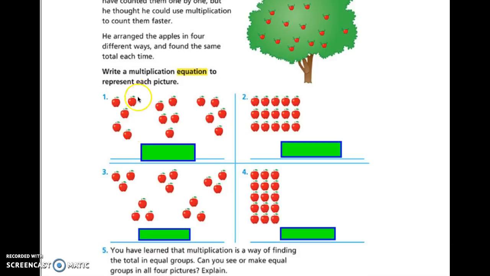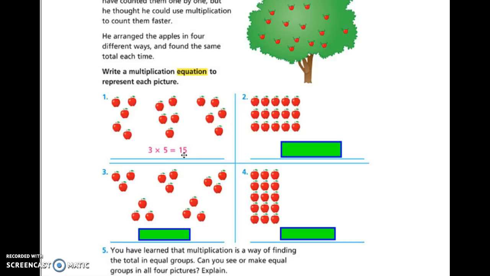First, you'll see that he has 5 apples in each group, and he has a total of 3 groups. All right, so he wrote the equation of 3 groups times 5 apples in each group equals a total of 15.